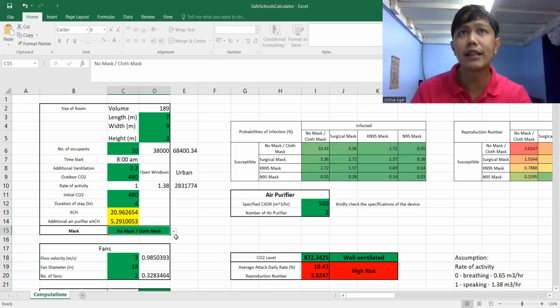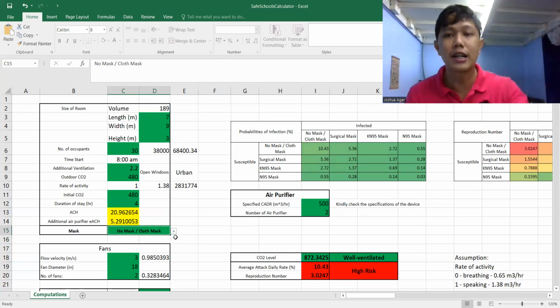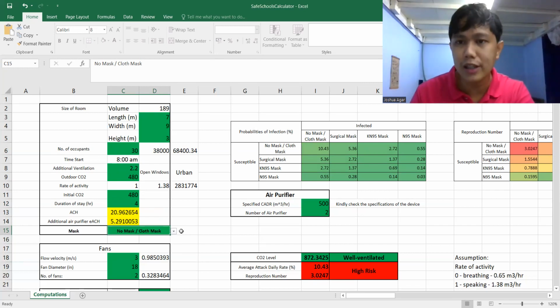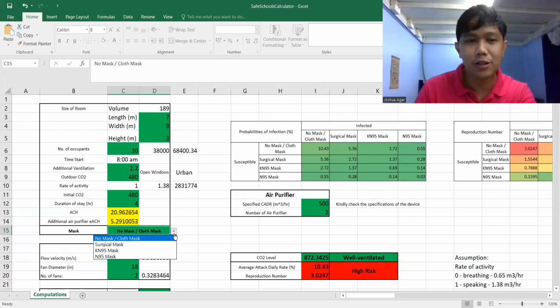And finally, down the list are the personal protective equipment. So take note that cloth mask is basically something that doesn't contribute to the reduction of the risk. So you may equate that to wearing no mask at all. So there are no protections offered.